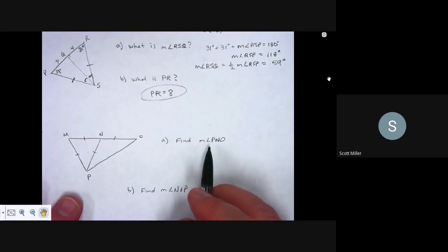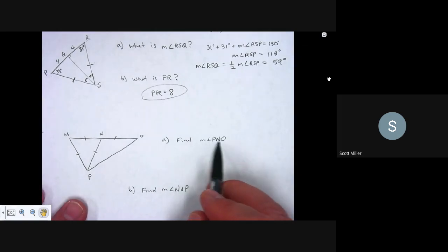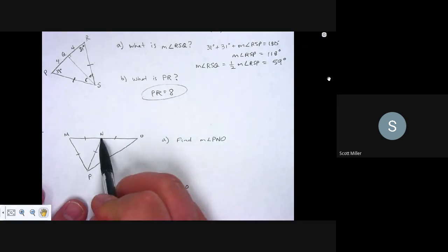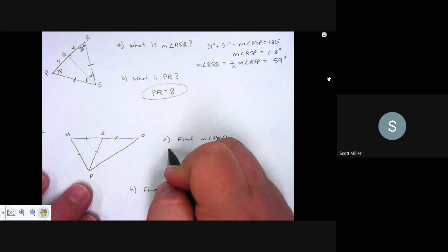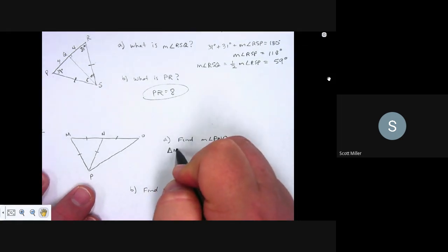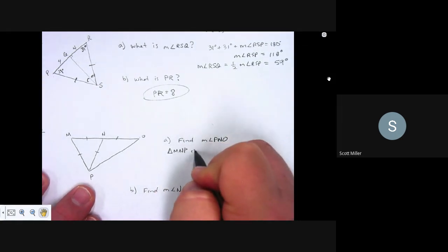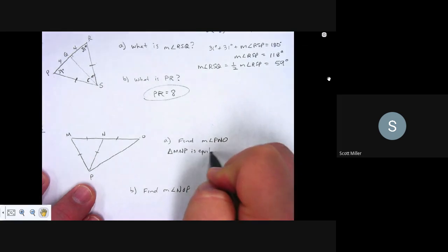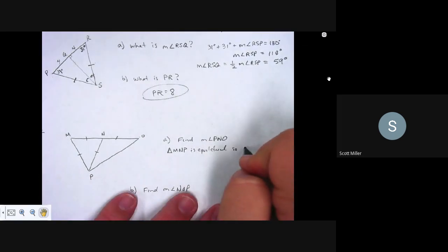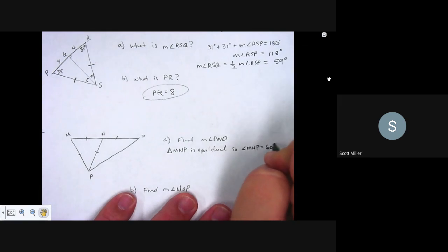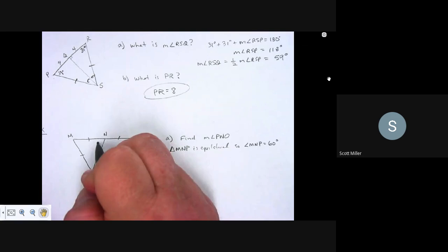Find all these things here. So find the measure of PNO. So trace it out. PNO. So that's this angle right here. Trying to find that. So what do I know? Well, I know that triangle MNP is equilateral. So angle MNP is 60 degrees. That angle is 60 degrees.